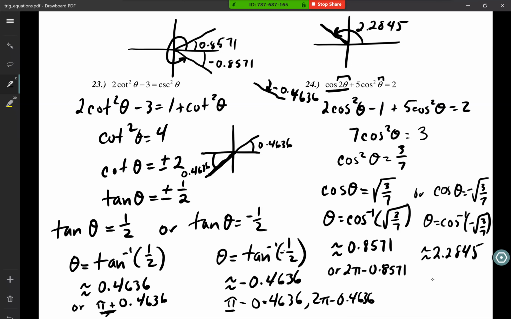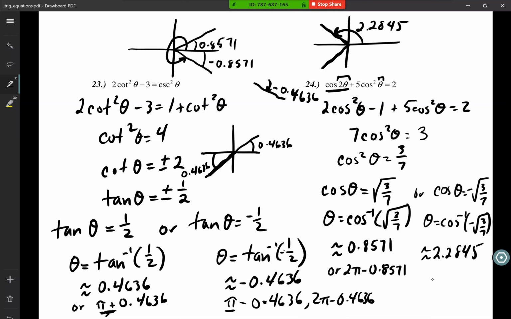But there's also one over in quadrant 3 here, right? Because we know that the cosine is also negative in quadrant 3. The inverse cosine only gave us the one that was in quadrant 2. We need to go find the one that's in quadrant 3.